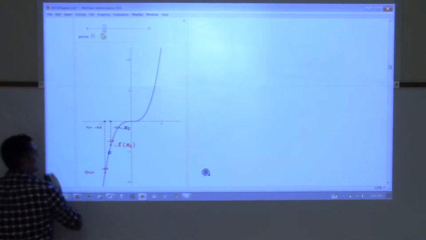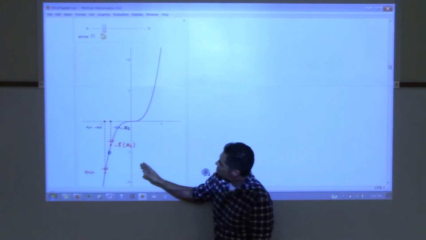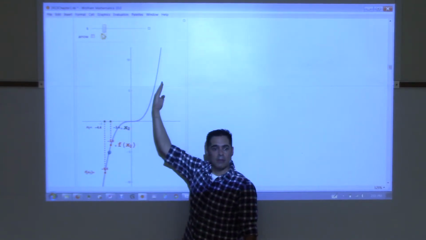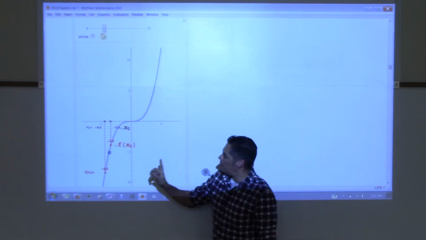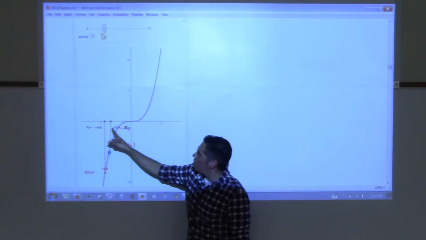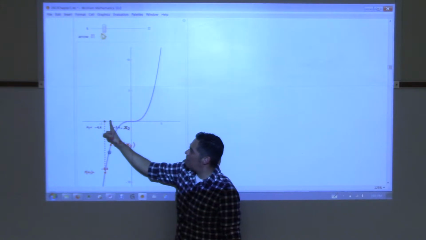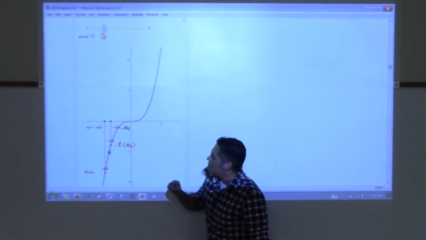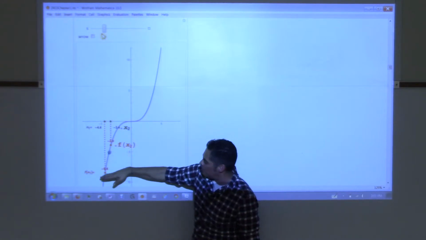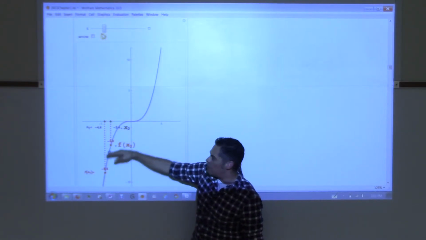Can you tell as I move from left to right that this function is going up? It's increasing. But the definition says that as long as x1 is smaller than x2, so as long as this point is to the left of that one, then the output of this point must be below the output of this point. So you can tell this one's lower than that one, right? So then it would be increasing.